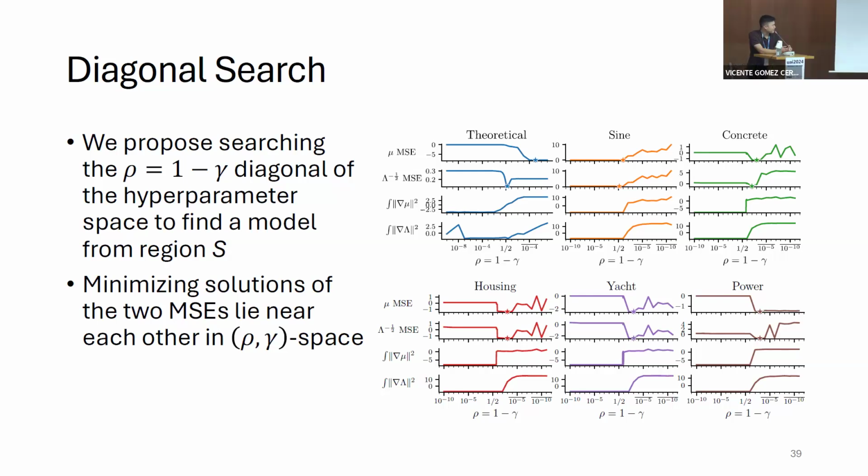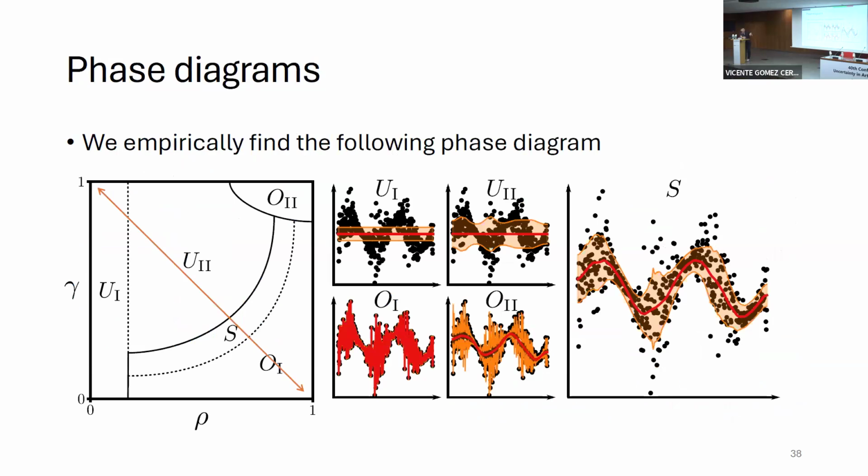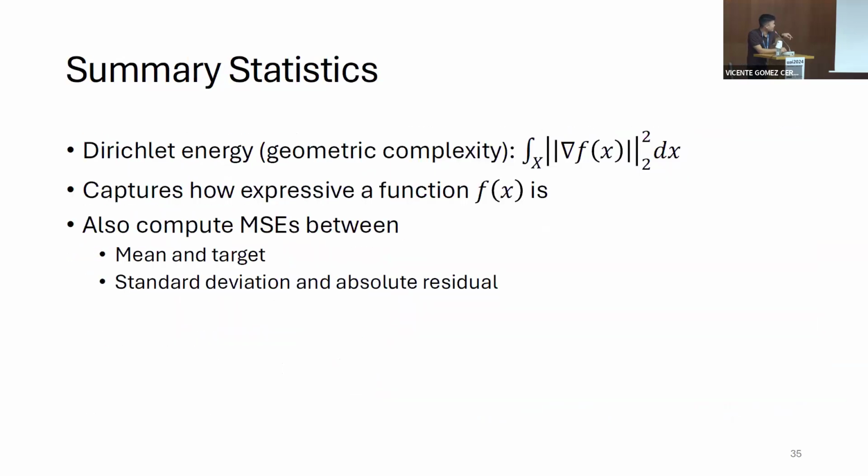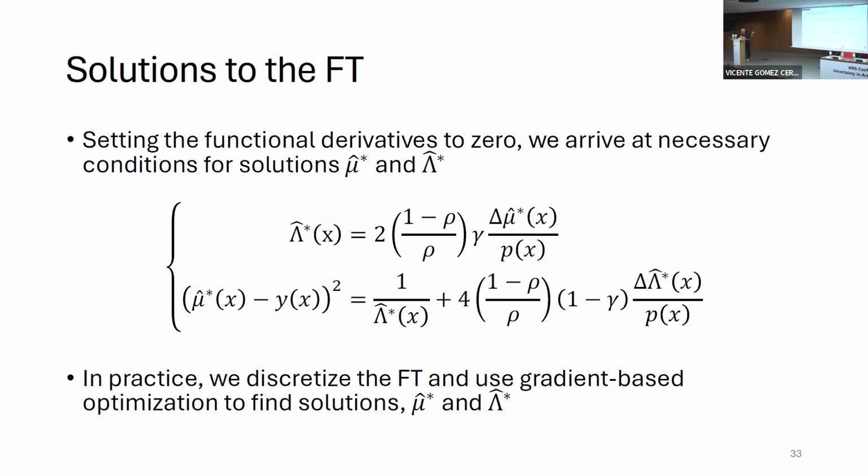We didn't look at that too closely, but when we did our search, I think we chose 100 points along this line, and we had them more densely packed towards the corners, because that's where things are shifting quickly, as you can see if you look back at this slide.